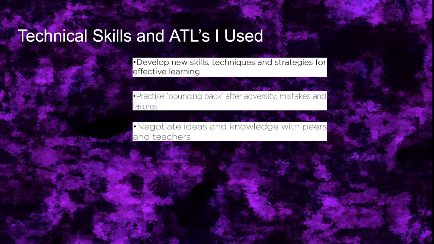So for technical skills, I used the technical skill of technology, so using the computer, using Floor Planner. Another technical skill I used was negotiation, because I asked different people for feedback on my work.